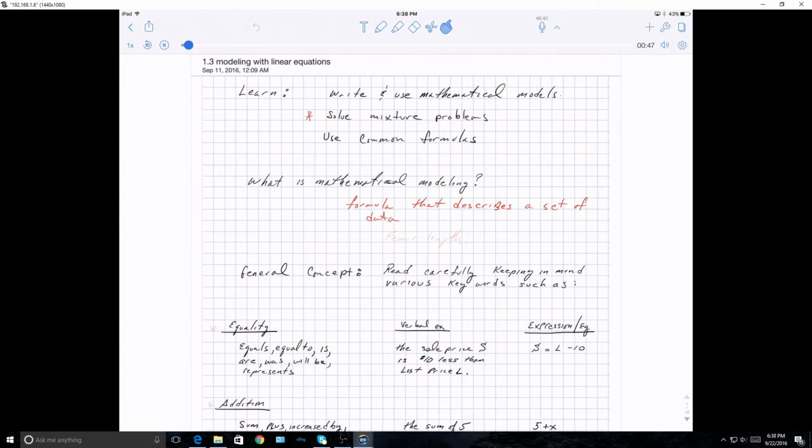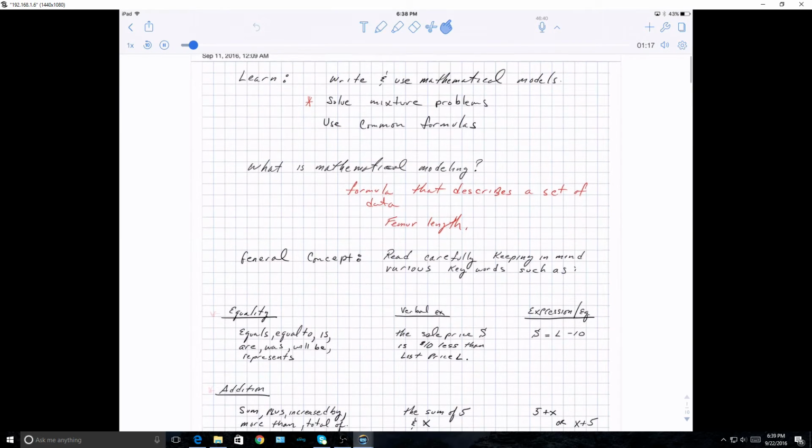And the idea is it's basically the mathematical expressions and such that go along with it. So, you know, there's a mathematical model for determining femur length, for example, but we'll get to that. So all it is, is a mathematical statement that describes a situation.